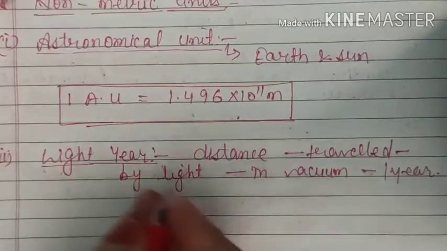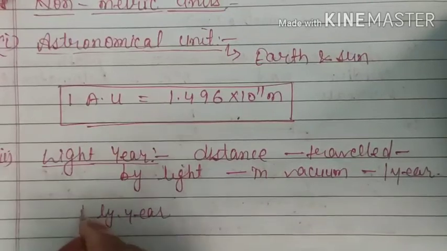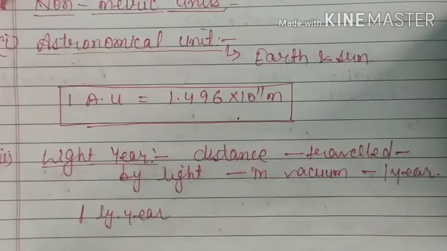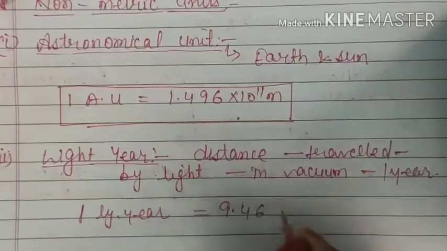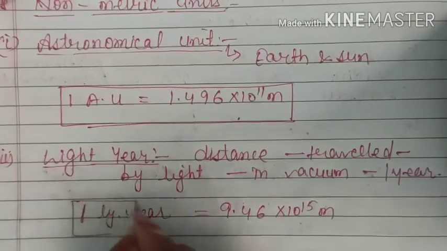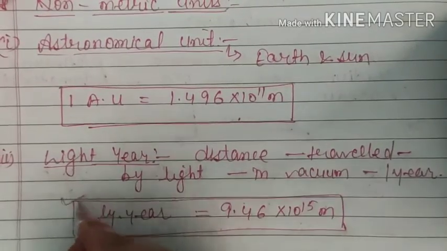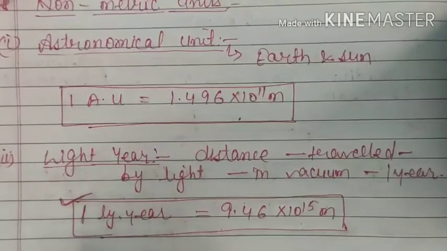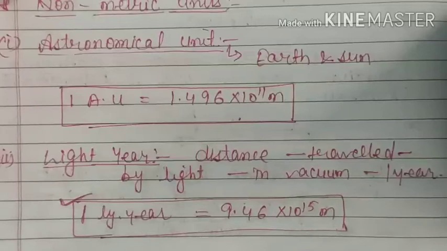Now we have to learn the relation of one light year in terms of meter. That is 1 light year is equal to 9.46 into 10 raised to power 15 meter. This we have to remember.